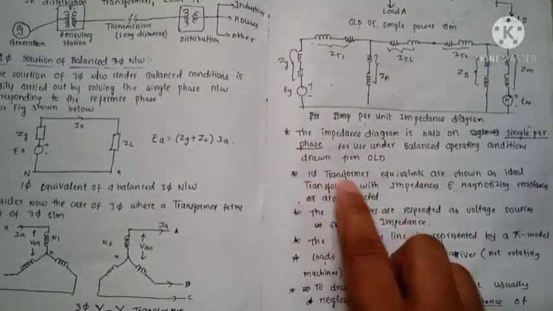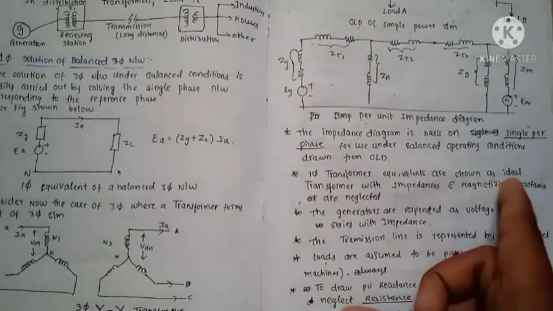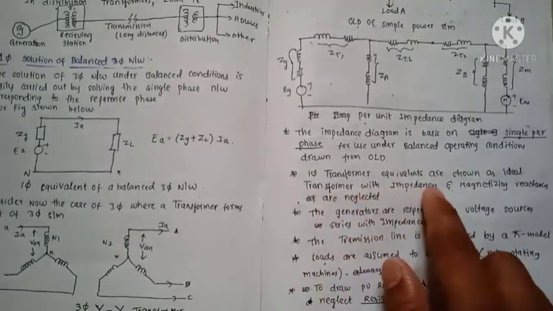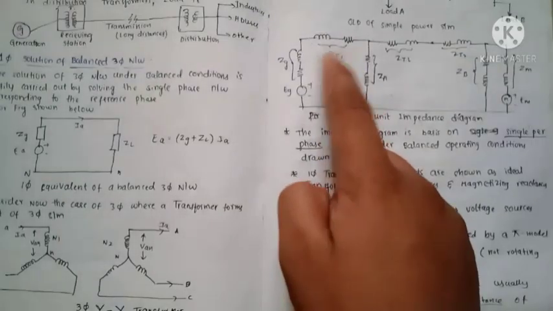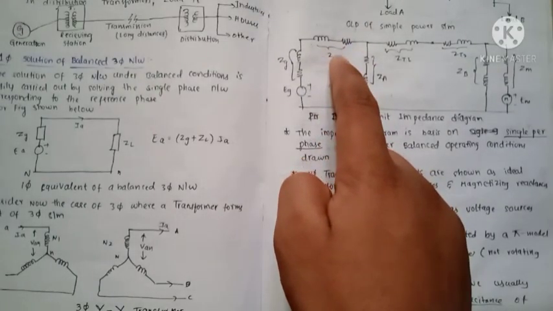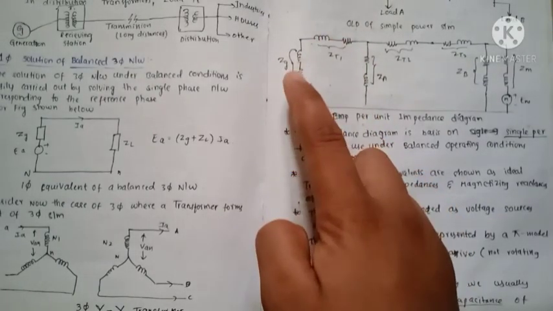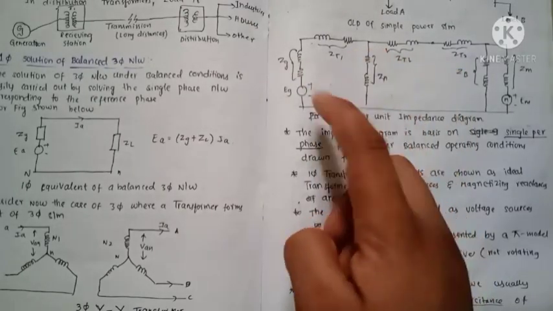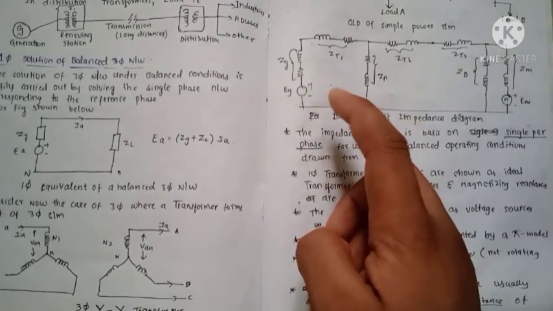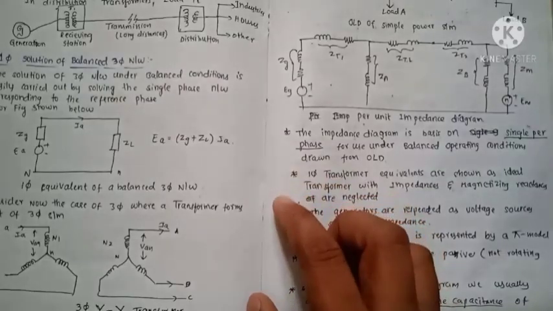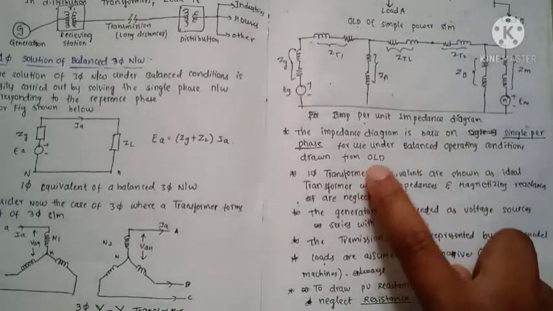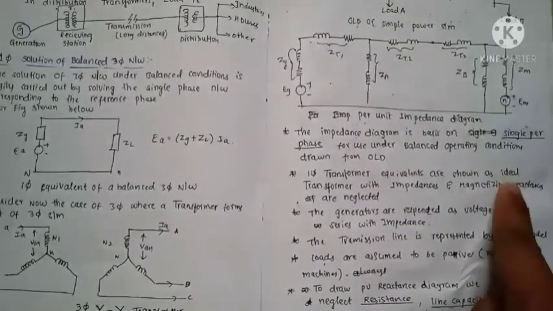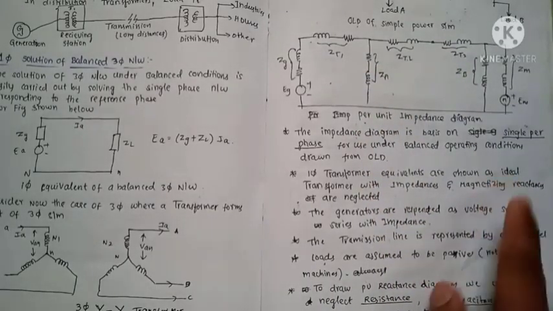Next point, single phase transformer equivalents are shown as the ideal transformer, with impedances and magnetic reactances neglected. We know that the transformer equivalent circuit has primary and secondary impedances and some magnetic impedances. We neglect all these things, and the single phase transformer we just represent as an ideal transformer, so the losses have been neglected here.